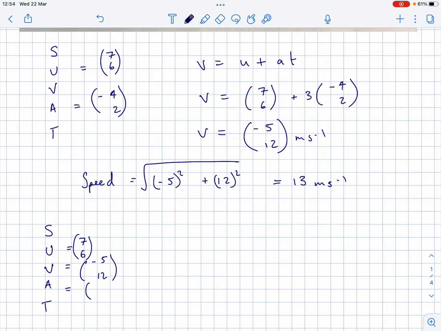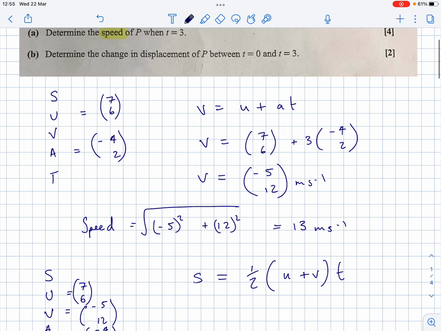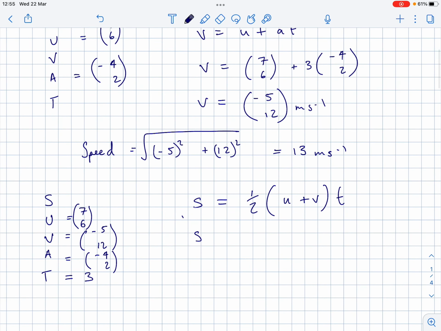And the acceleration, as we're told in the question, is constant, so we can use that. Okay, so you've got a choice. You could use either of these equations, because we know that the time's 3 as well, from 0 to 3 seconds, or you could have used this equation as well.